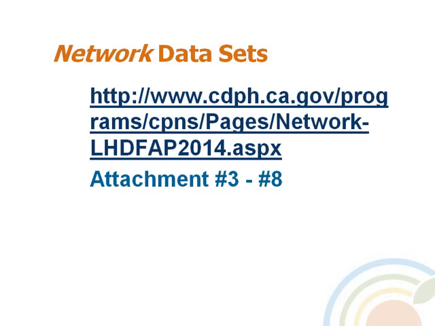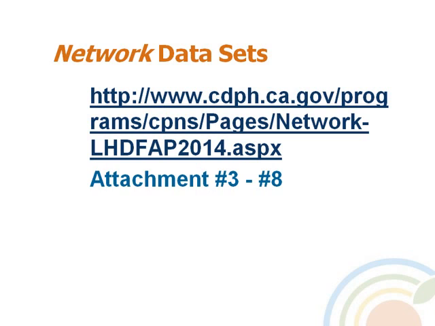And that link will be available with the slides that will be posted after this farmers market webinar. And you need to look at attachment 3 through 8. And this will provide you data by county, by census tract, with the column that provides you with information that yes, this census tract qualifies, or no, it does not qualify.